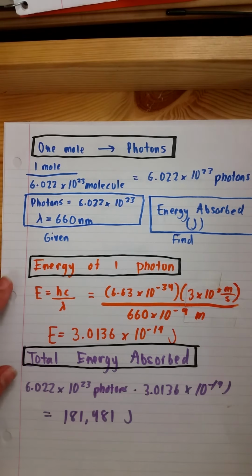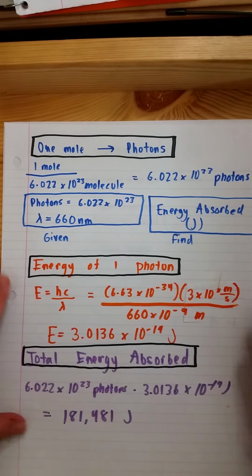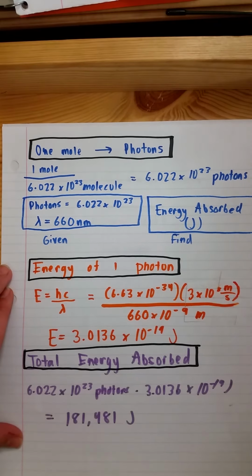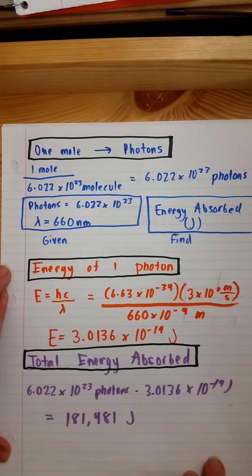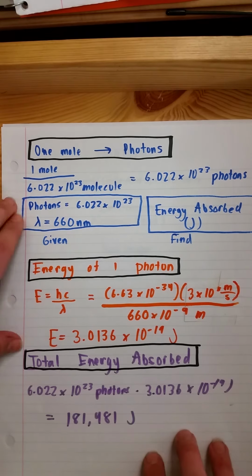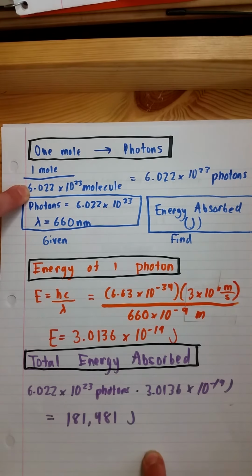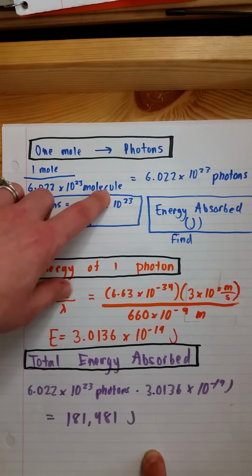First off, we're trying to relate 1 mole of hemoglobin to the number of photons. They told us that every molecule in 1 mole of hemoglobin absorbs 1 photon. So we have 1 mole equals 6.022 times 10 to the 23rd molecules.